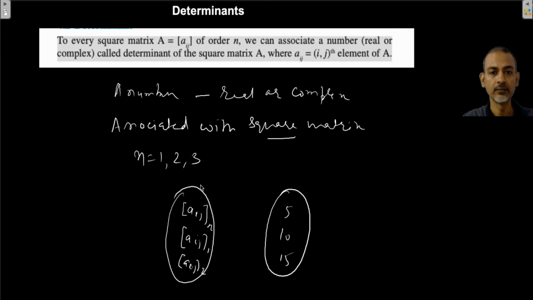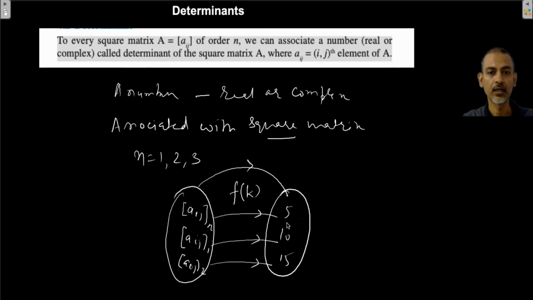You can assume that this is more like a function. You input a square matrix and get a number out. So a square matrix will give you an output, a number which could be real or complex, and which will be a determinant. So this is kind of a definition.